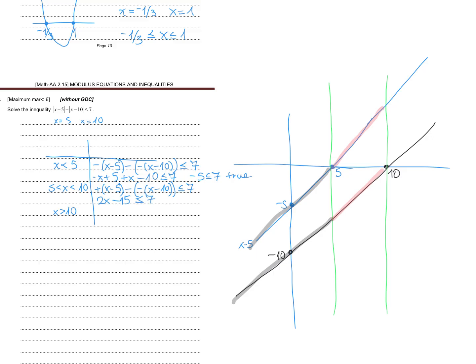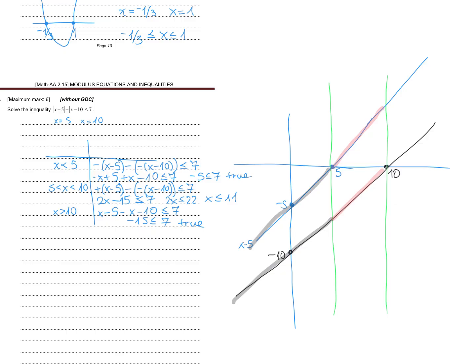And then add 15, so 22. So x is less than or equal to 11. And then greater than 10, both are above. So we've got (x minus 5) minus (x minus 10) less than or equal to 7. So the x's cancel, and we've got 5 is less than or equal to 7, which is also true.